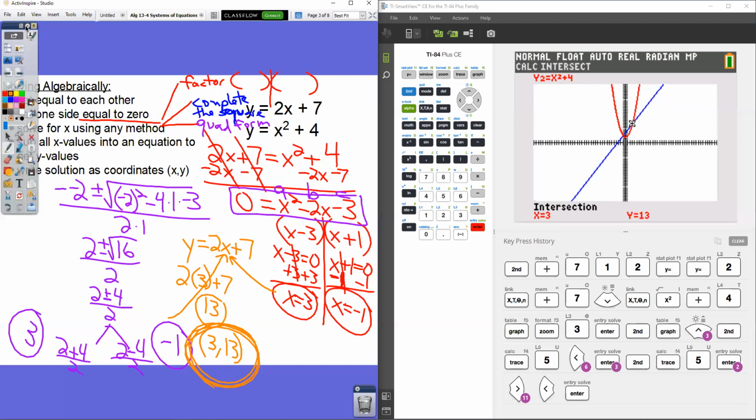My other answer, when I go to sub in the -1, I would have 2 times -1 plus 7. 2 times -1 is -2, plus 7 is 5. So I get -1, 5. That's my second answer.